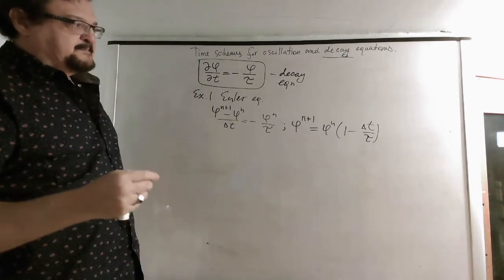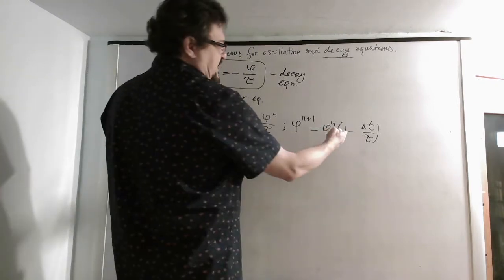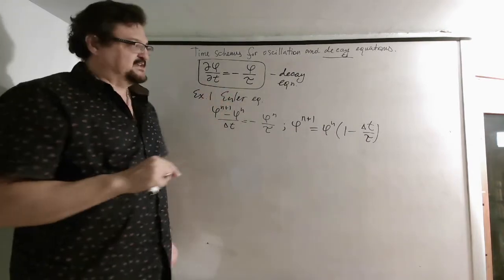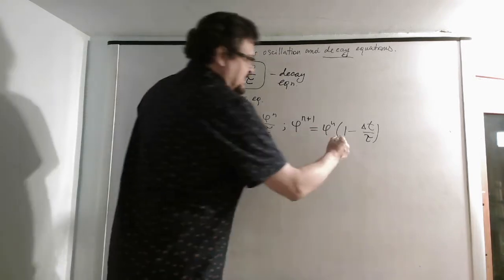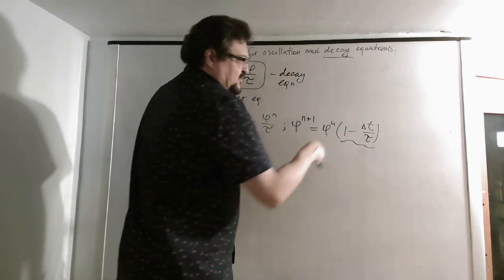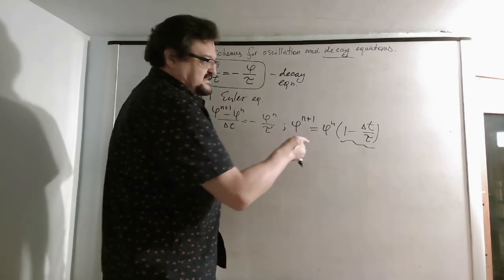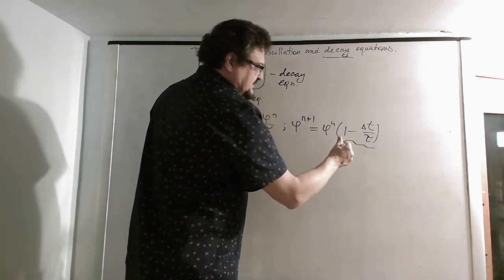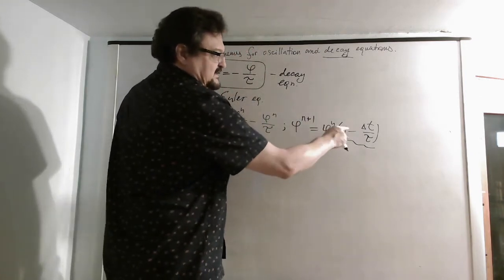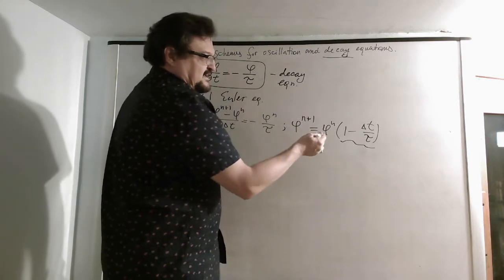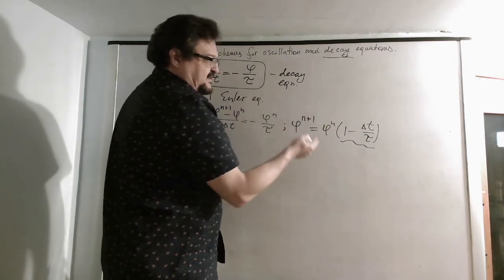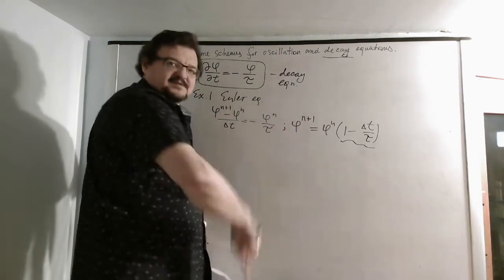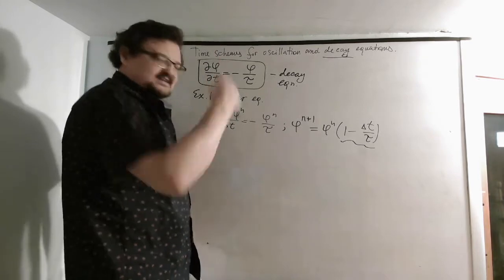First of all, this is the amplification factor, and of course we want our amplitude to go down. This is the whole point of this decay equation. So the amplitude should reduce, and indeed this factor is smaller than 1, but if delta t is greater than tau, it may start to create a negative solution. It multiplies by a negative number, and at the next time step it becomes positive again. So it starts jumping from positive to negative, positive to negative.